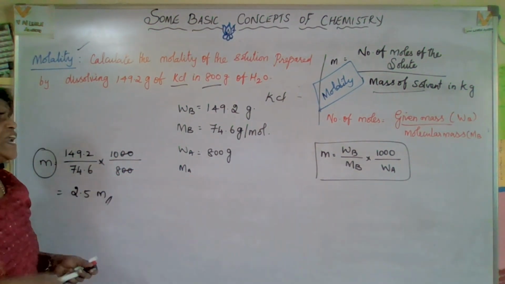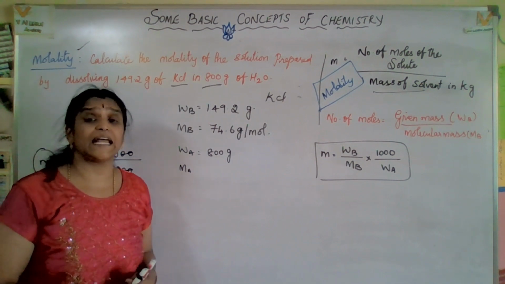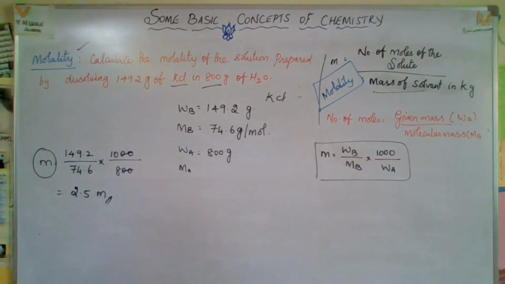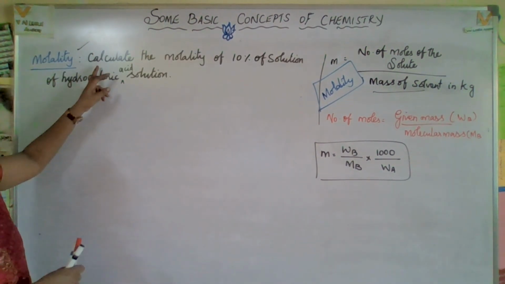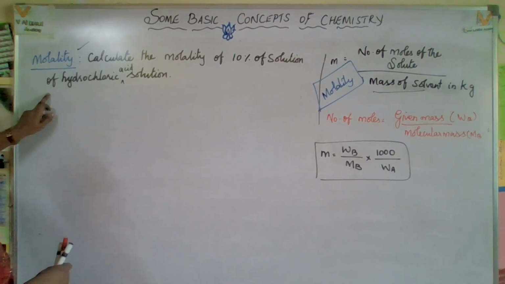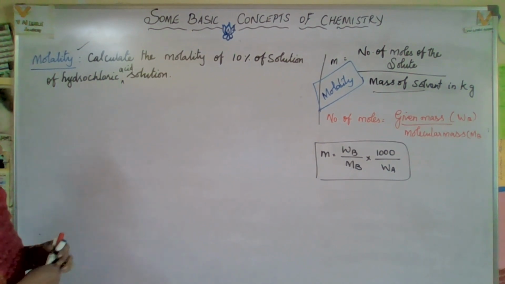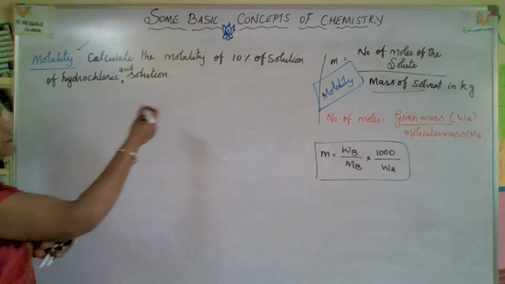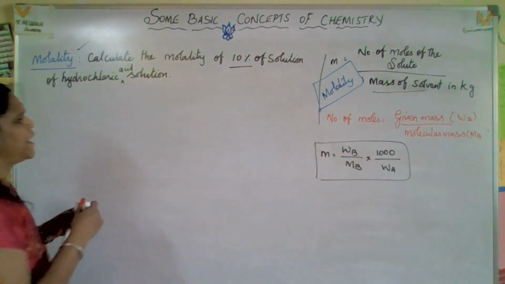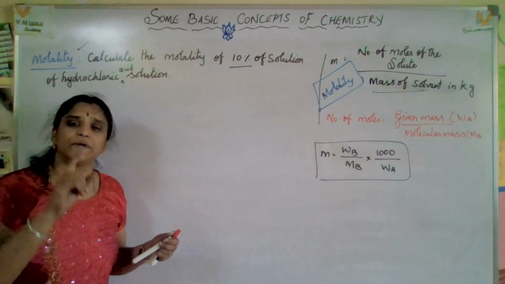Hope you're clear. Okay, now let us solve related and important sums from molality. Calculate the molality of a 10 percentage solution of hydrochloric acid. See, they have mentioned it as 10 percentage, so we can make out from 100 gram, 10 percentage.